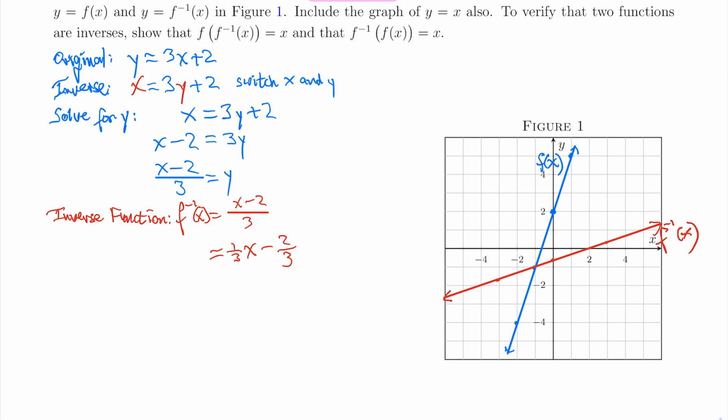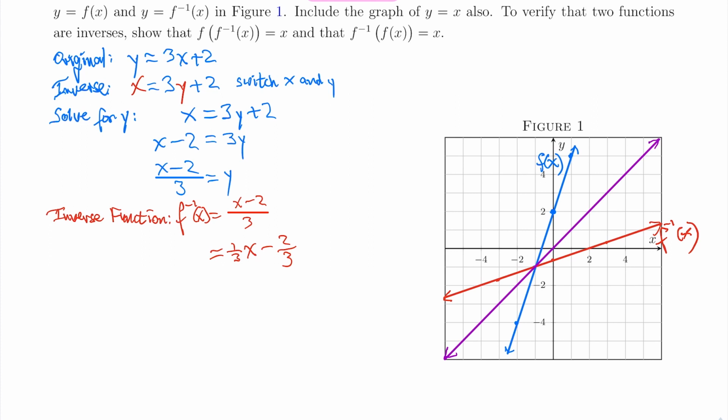Now before we move to the last step, I would like to take a look at our graph. It looks like they have some kind of symmetry to them, and so I'm going to draw a line between them, which is right in the middle between them.